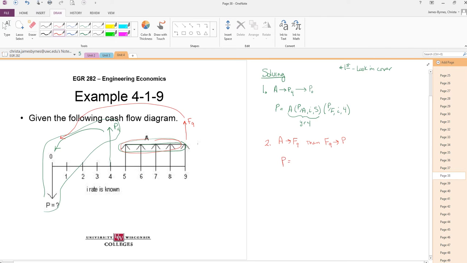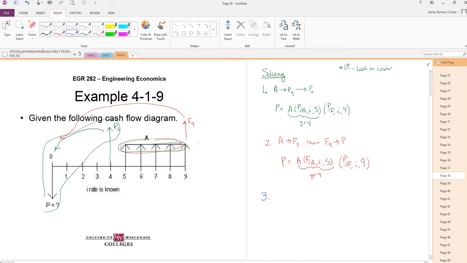So I would do it this way: A, find an F given an A, I5, look, 1, 2, 3, 4, 5, now this is hanging out in year 9, times find a P given an F, I, 9. It's got to go back to year 0. So there's another way to do it. There's lots of ways to do this. Those are the 2 most common ways.